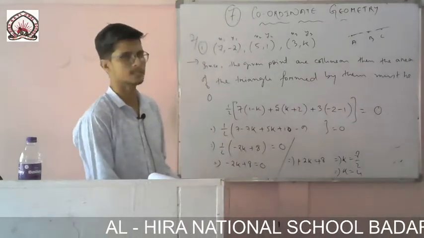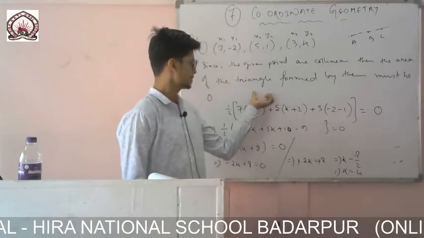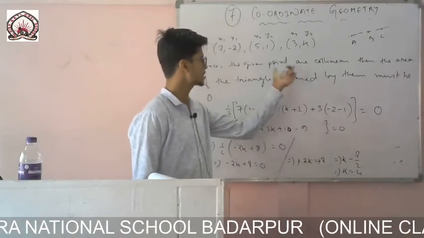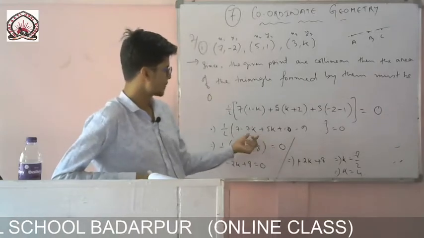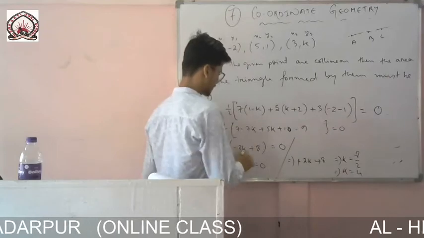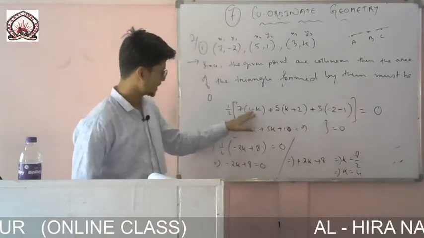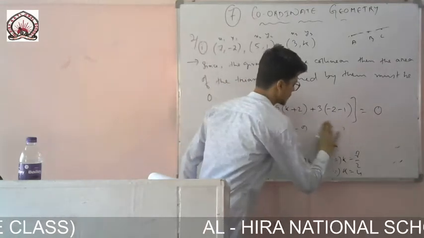If it is a straight line, the area will be 0. So I have used this condition here: the area of the triangle formed by these 3 points will be 0. So if it is 0, then I can relate it like this: half into 7 minus and so on. I have just solved it, and given it equal to 0.